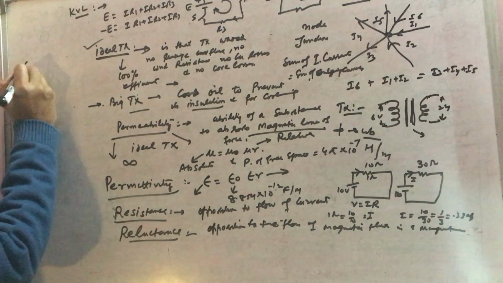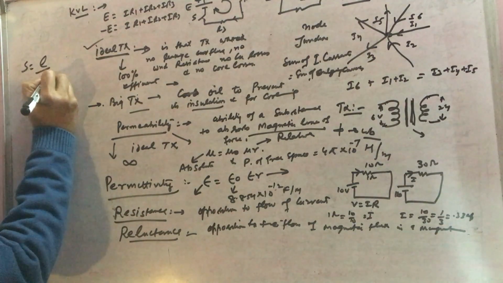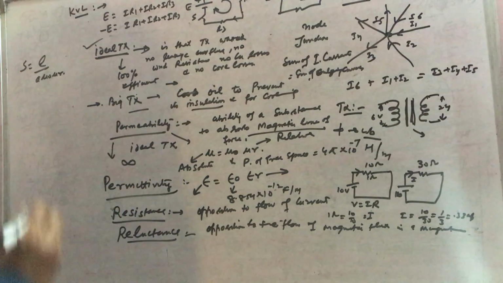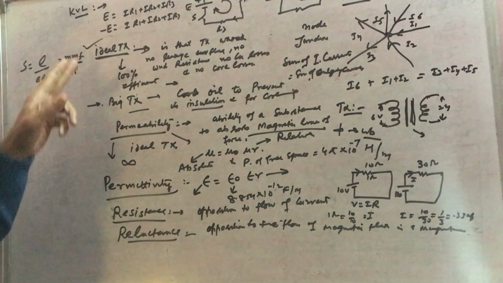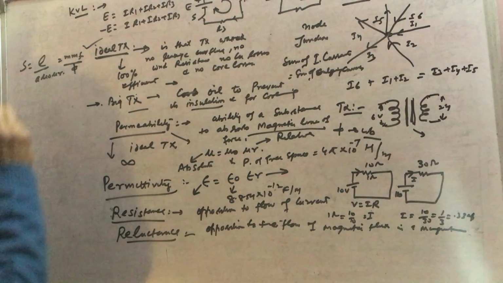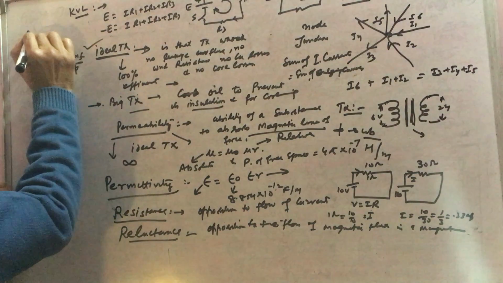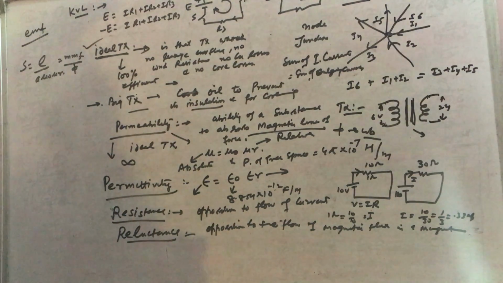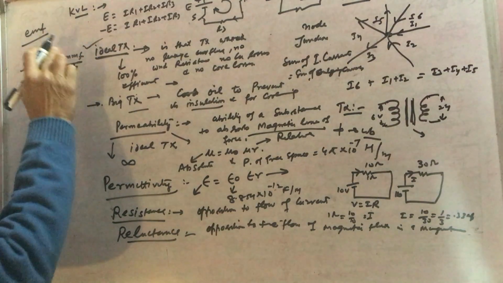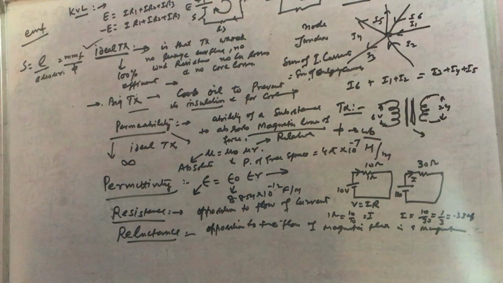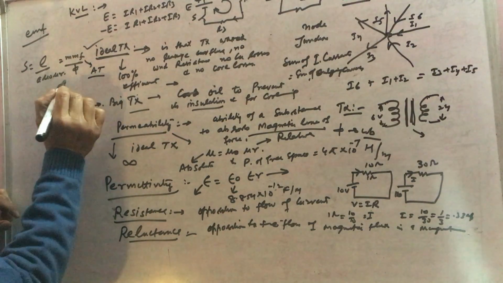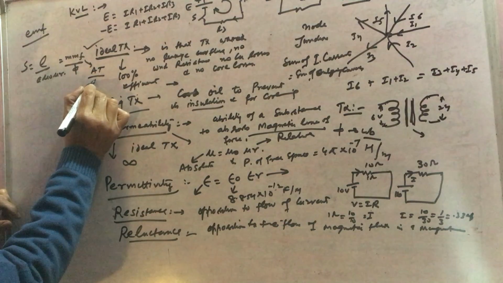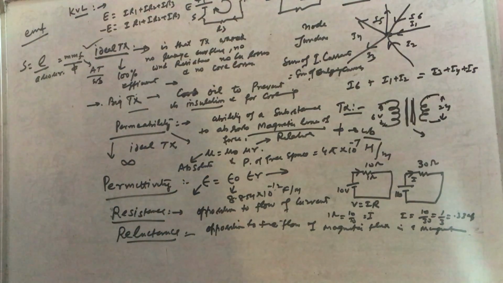This reluctance can be given by the formula S is equal to l over mu naught mu r A. This is also equal to MMF over phi. MMF is magnetomotive force in a magnetic circuit, and we have EMF, electromotive force, in an electric circuit. The unit of MMF is ampere turn, current into number of turns, and phi is in Weber. So the unit is ampere turn per Weber.